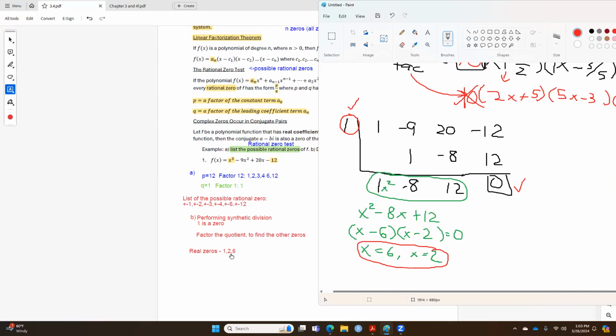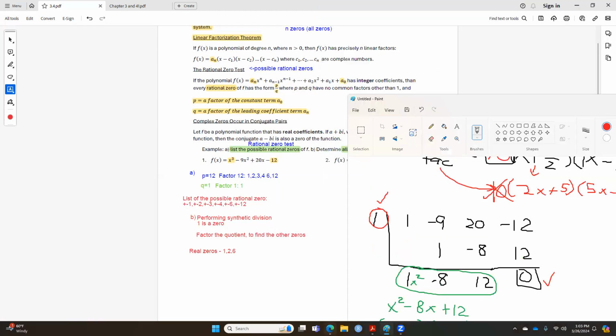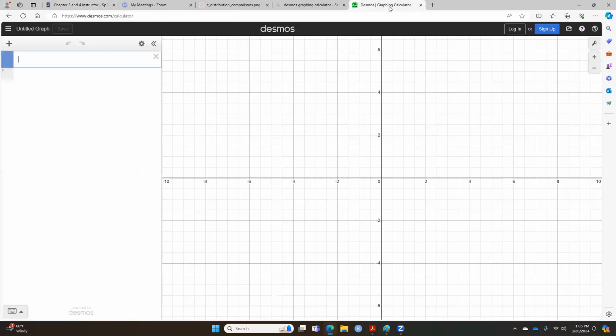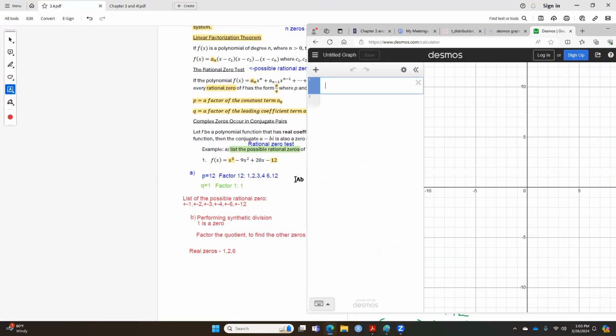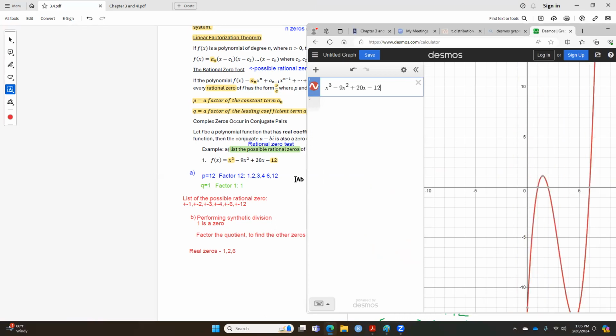Okay. So what does this stand for in the form of a graph? If I pull out my Desmos calculator here, and graph x cubed minus 9x squared plus 20x minus 12, you notice that these are your zeros, or on the graph we call them the x-intercepts.